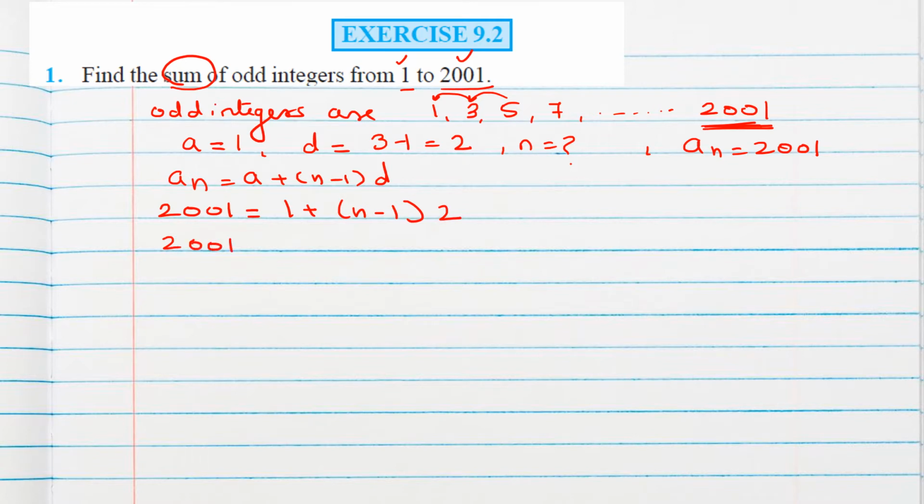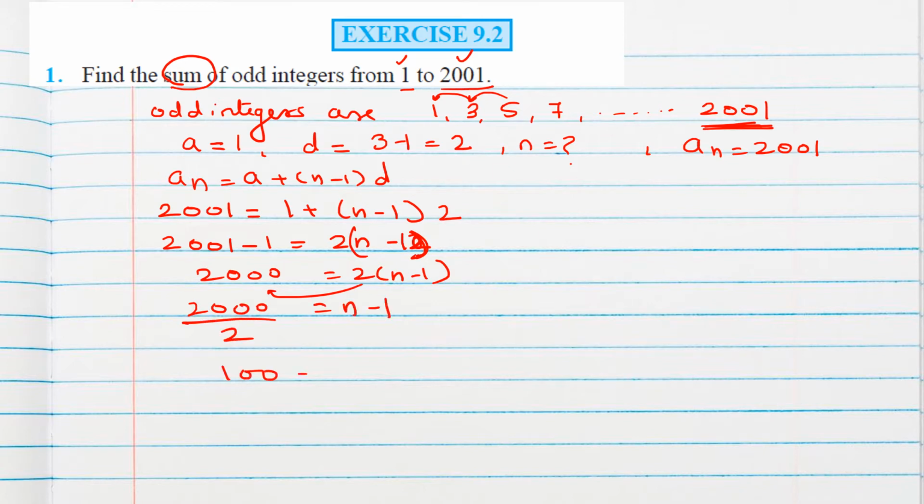So 2001 minus 1, that is 2000, equals 2 times n minus 1. Now this 2 we can transfer here, so 1000 equals n minus 1. So n will be 1000 plus 1, that is 1001. So from 1 to 2001, a total of 1001 odd integers are there.